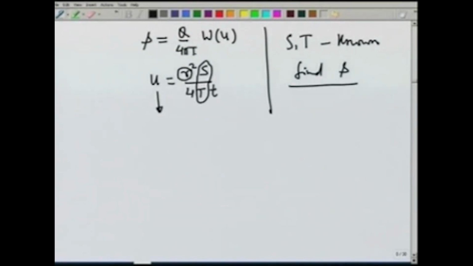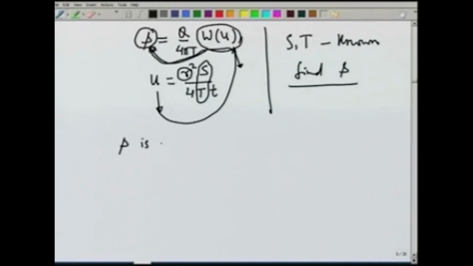Once u is computed, W(u) can be easily obtained from the tables, graphs or some equations, and therefore, s will be known. So, knowing u we get W(u), knowing W(u) we get s. But the other problem where s is known or measured and we want to find S and T.